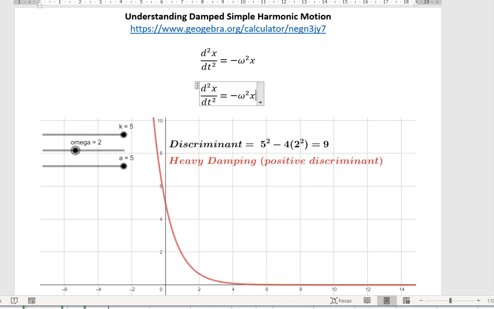And that additional force comes from air resistance, for instance, which is typically modeled to be proportional to the velocity.